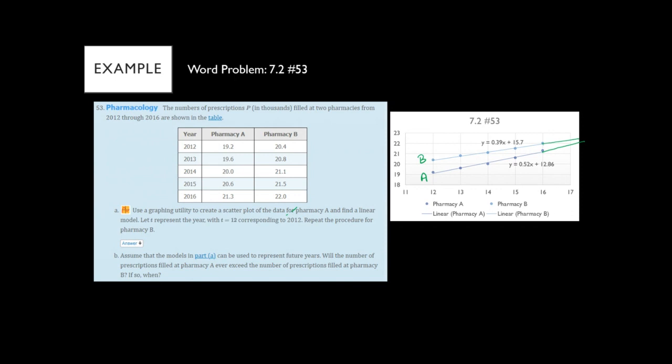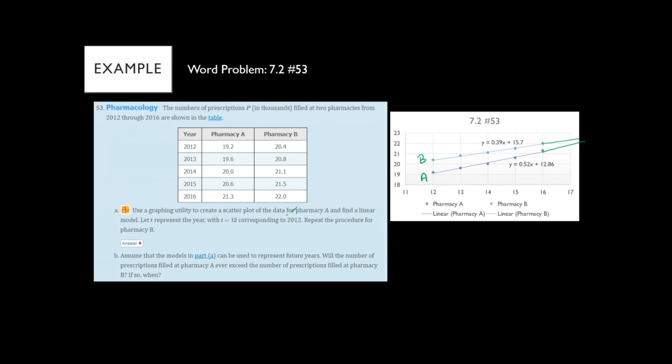So if they're guaranteed to intersect, then at one point they're going to intersect and then A will start exceeding B, because in order to intersect, A has to get closer to B. And you can see as I extended those lines that they are getting closer and closer together. So yes, the number of prescriptions filled at pharmacy A will exceed the number of prescriptions filled at pharmacy B.